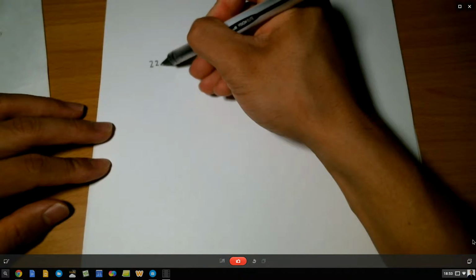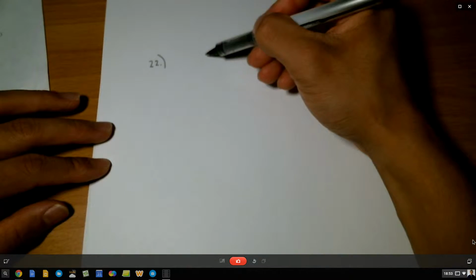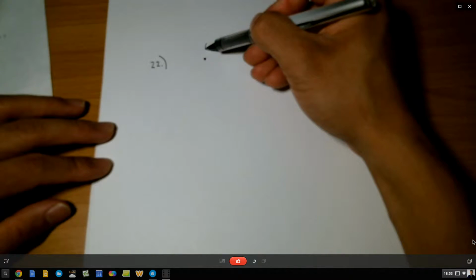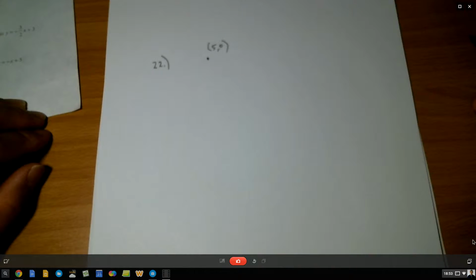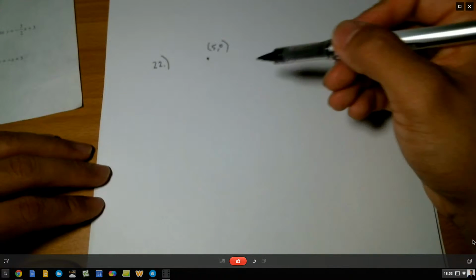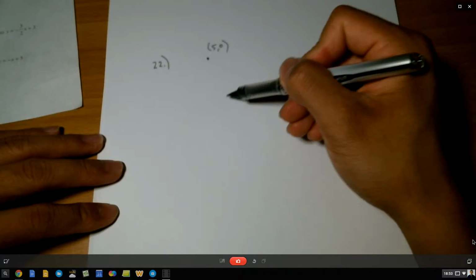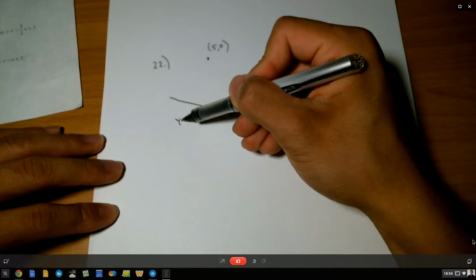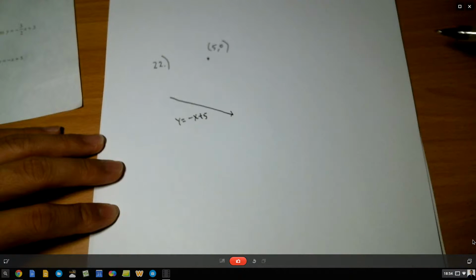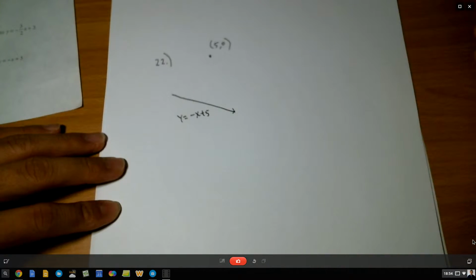Number 22. So once again, we're going to draw exactly what's going on. We have a point with a coordinate 5, 0. And we have another line. Let's say it's like that, y equals -x plus 5. So far, so good.